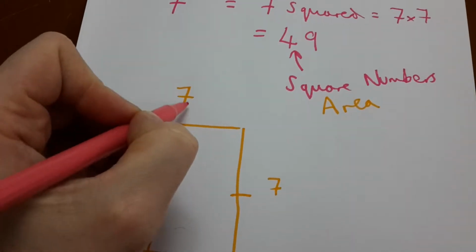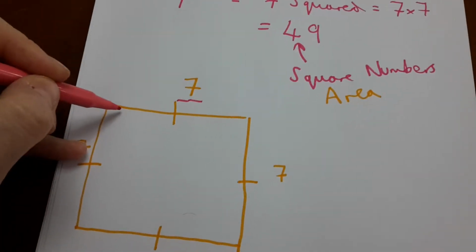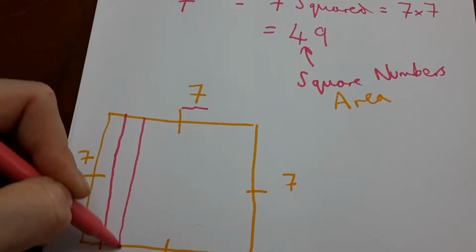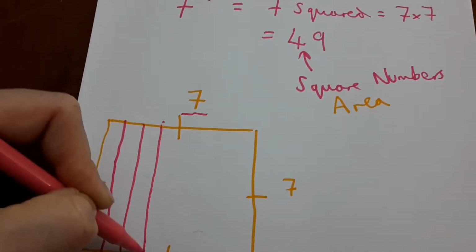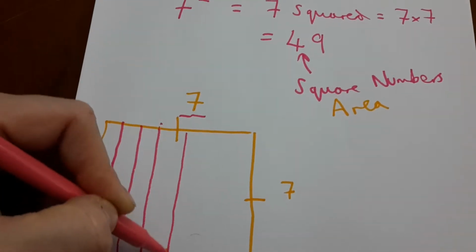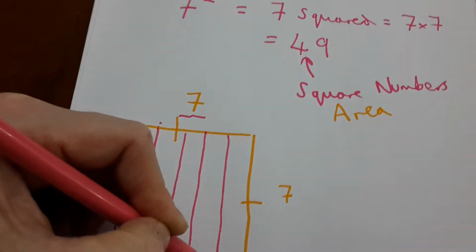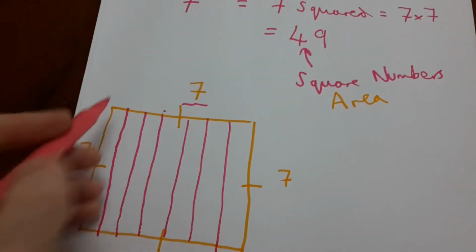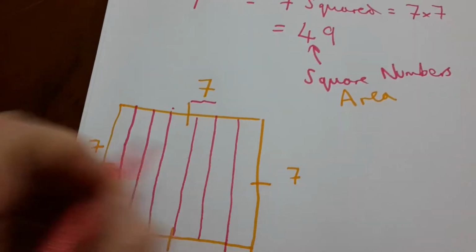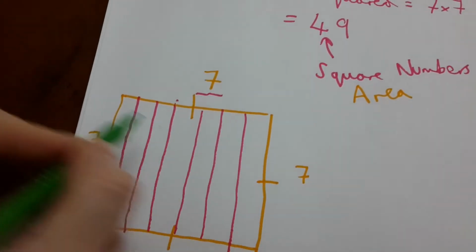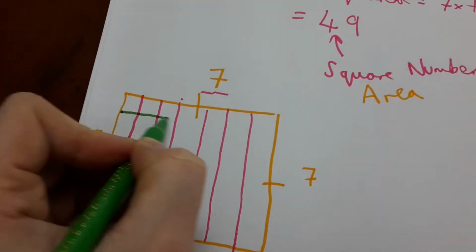So I'm just going to underline this one with pink, and you'll see why in a second. If I've got 7 lines, 2, 3, 4, 5, 6, 7. That means I've got 7 going this way, and then this way, underline this one with green, I've got 7 going this way.